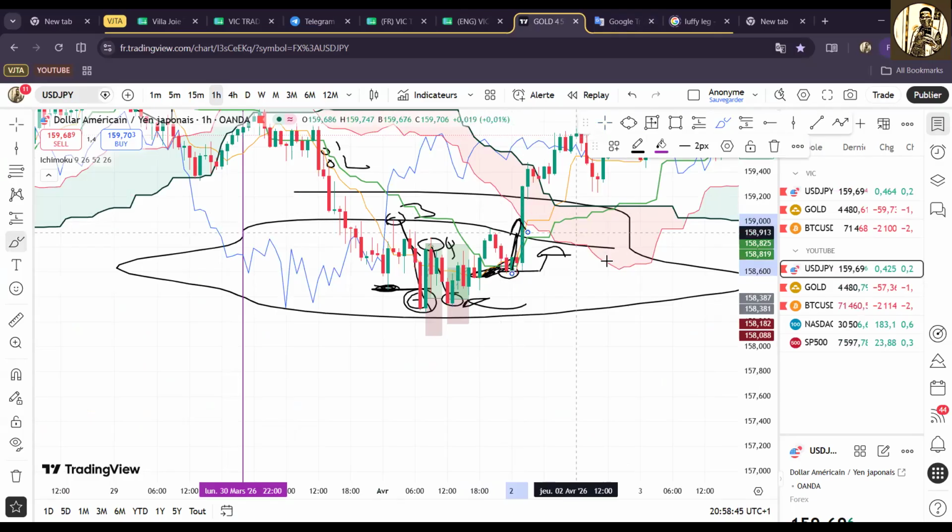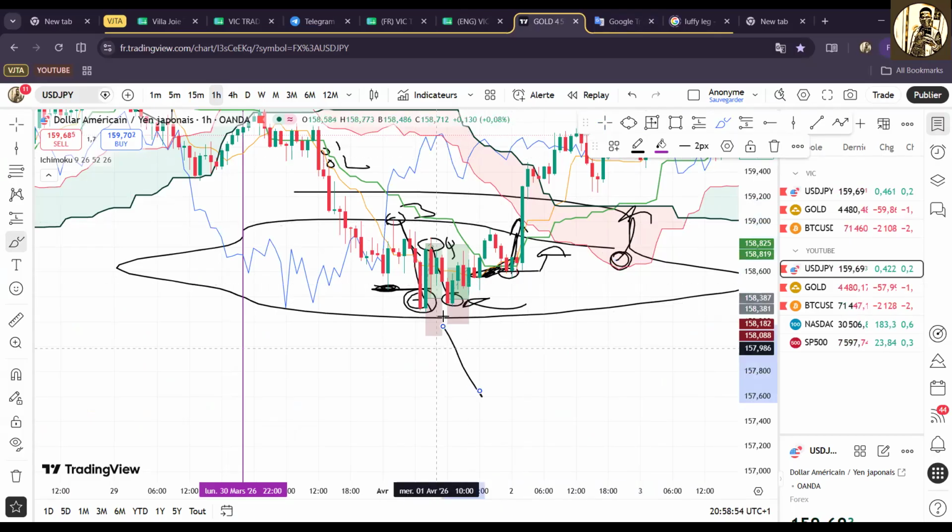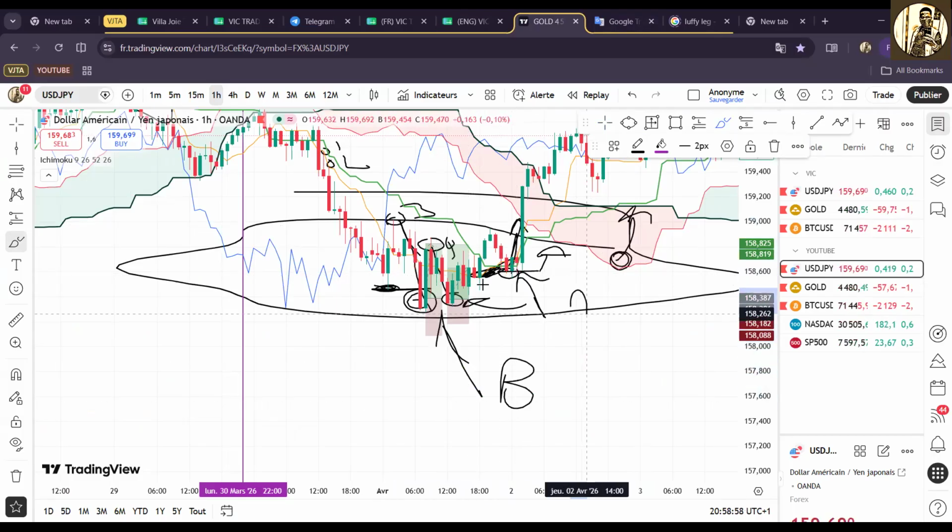You can enter on SSA inverted if the price comes here on SSA inverted. For a buy, you have three places to buy: on Kijun inverted, on Tenkan inverted, and on SSA inverted too.